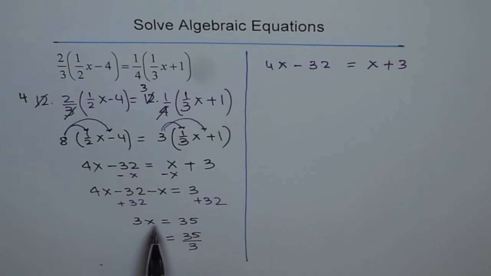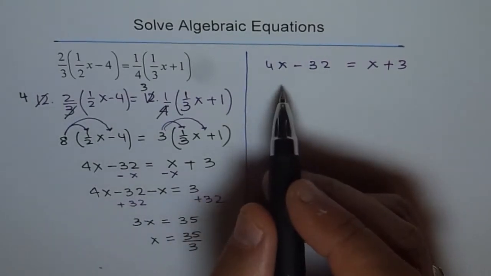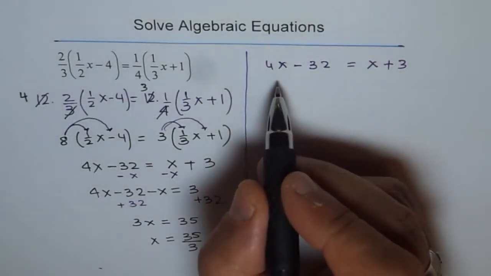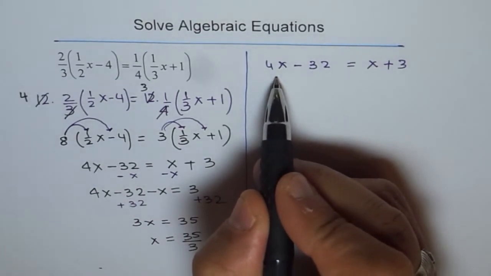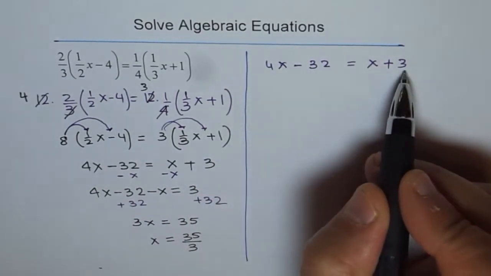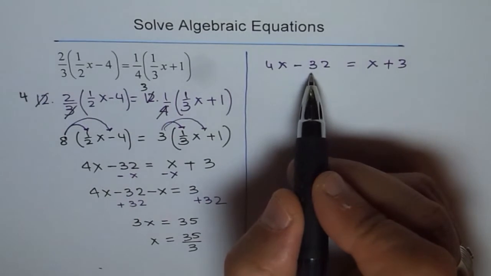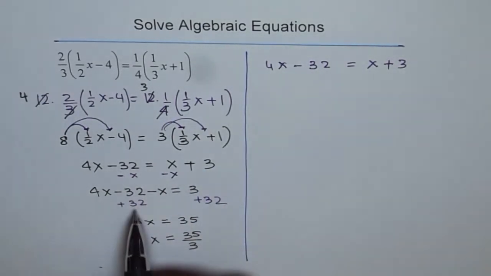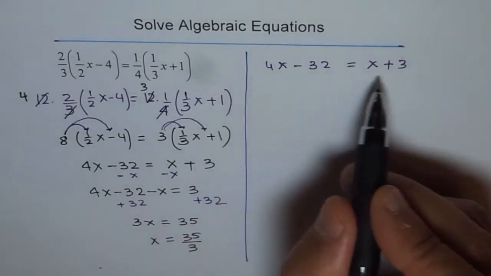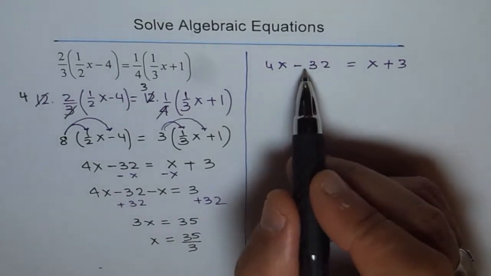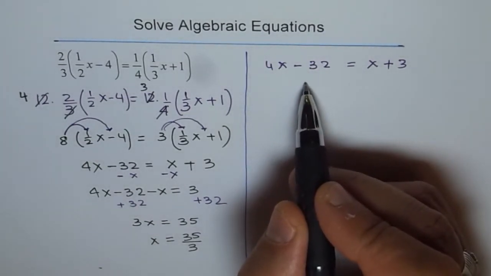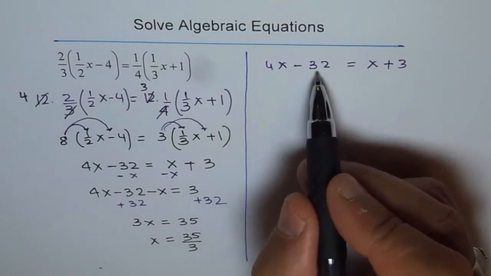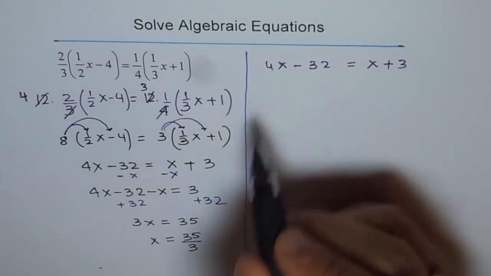So what exactly I'm doing, I'll show you in this step separately, right? So what we are doing is we want variables on this side and the constants on the other side. That means we do not want 32 here, right? So we have to add 32 on both the sides. If we do so, then minus 32 plus 32 will be 0, and so we will not have any constant terms here. We'll have only variable.